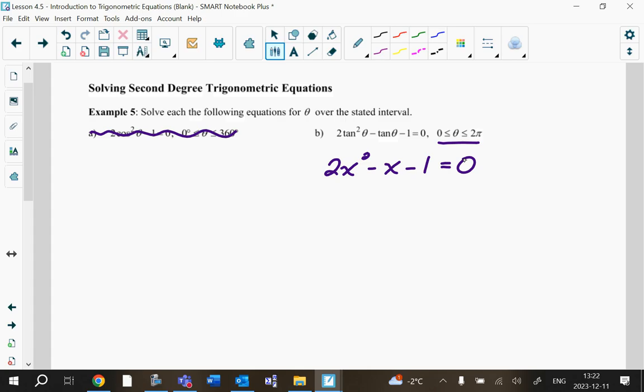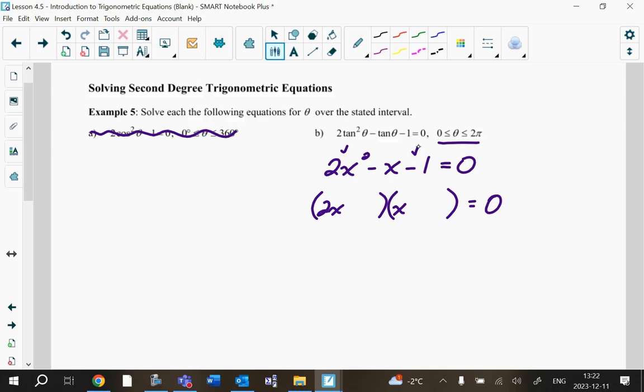Well, this is one of those ax squared trinomials. Well, the first two terms must be 2x and x to multiply to 2x squared. The numbers here must be positive 1 and negative 1.